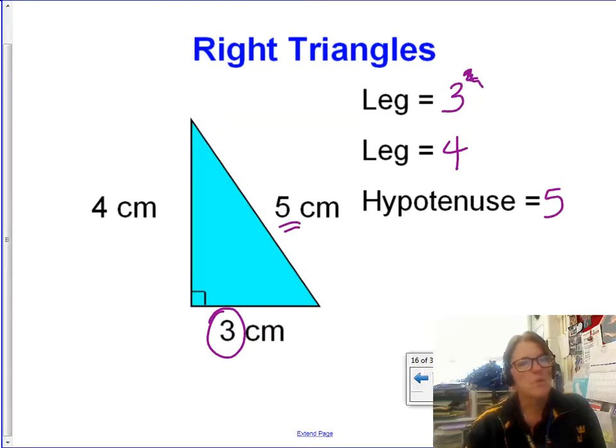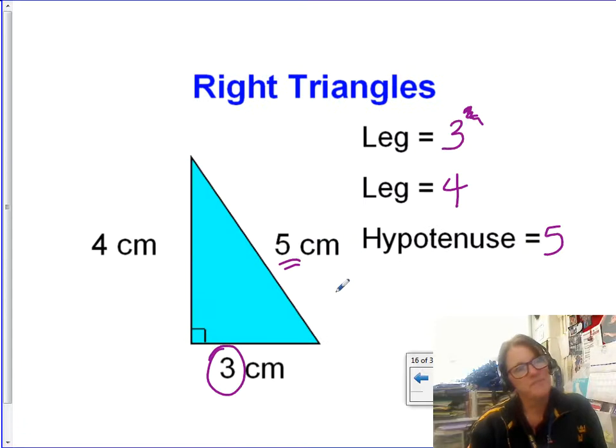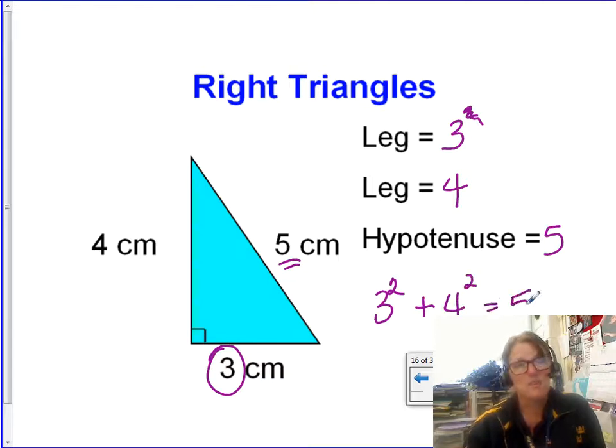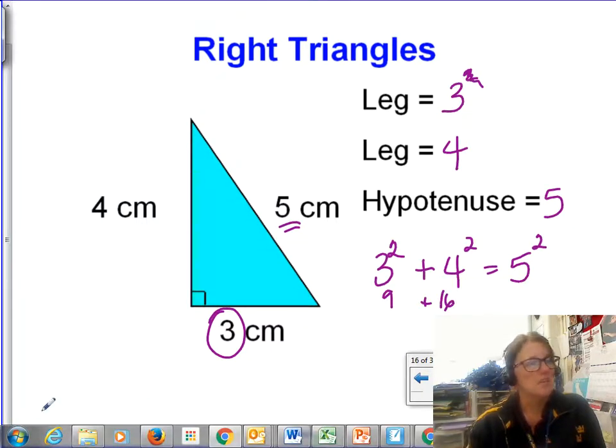It turns out that in this right triangle, I can take one leg and square that length, I can take the other leg, 4, square that length, and that's always going to equal the hypotenuse squared. Okay, and we just did that one. 9 and 16 do indeed make 25.